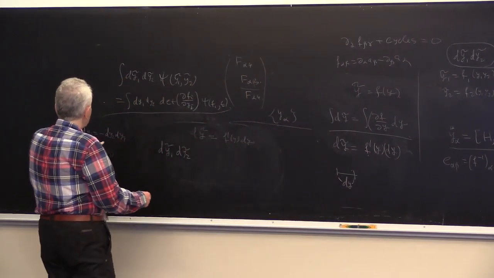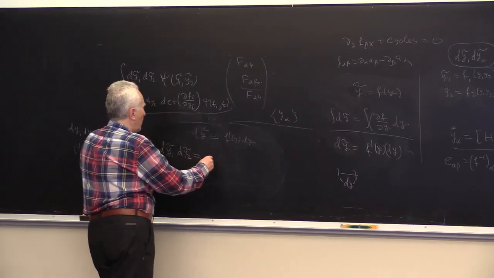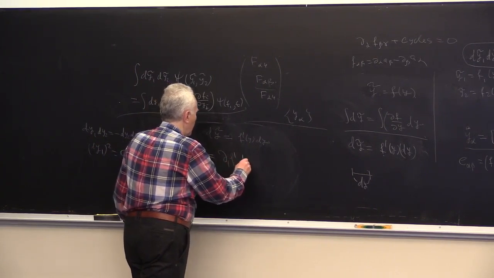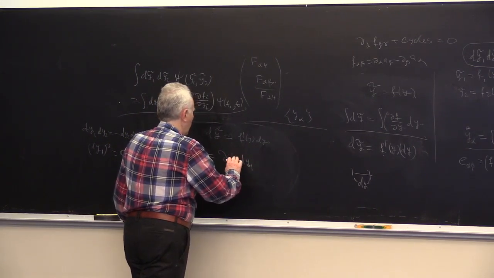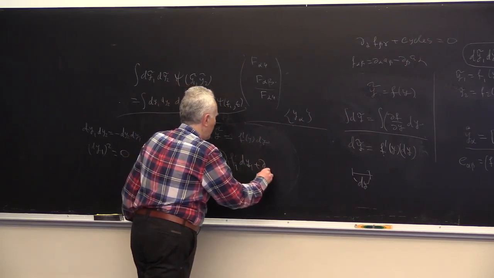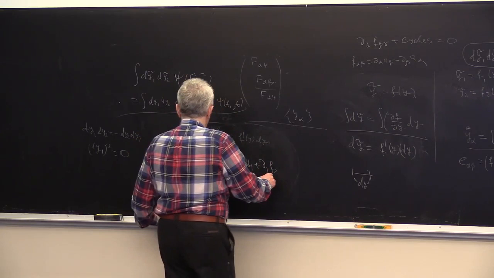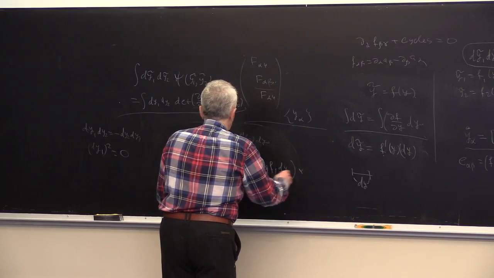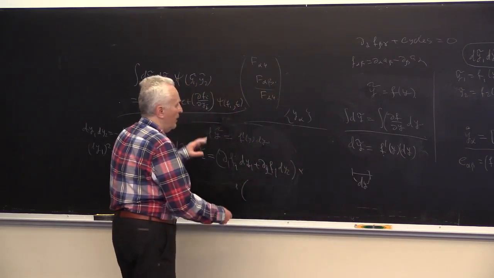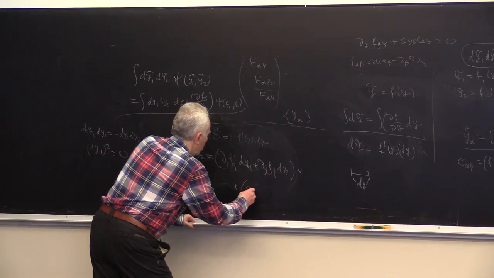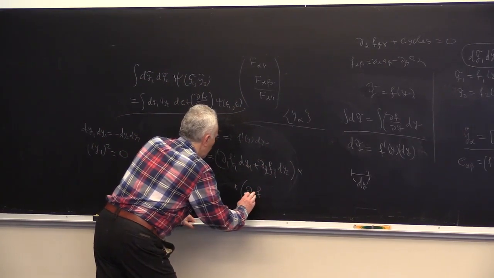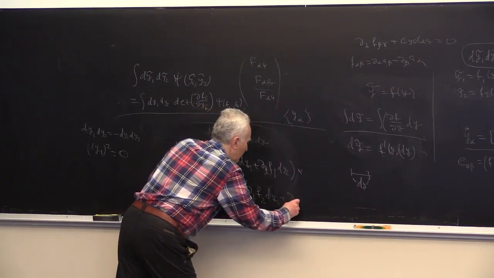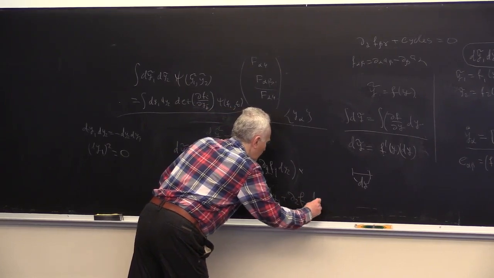Anyway, now let's calculate this thing. We have d1 f1 dy1 plus d2 f1 dy2, and we have to multiply it, so we're now changing variables, by d1 f2 dy1 plus d2 f2 dy2.